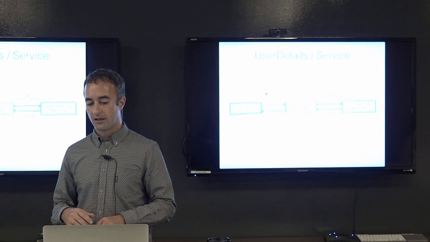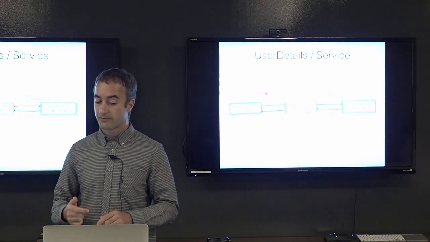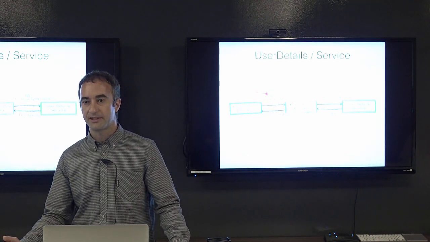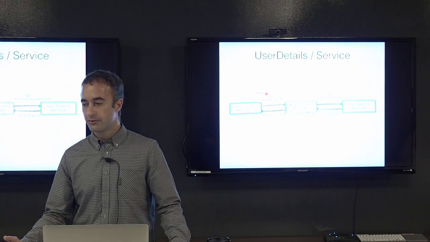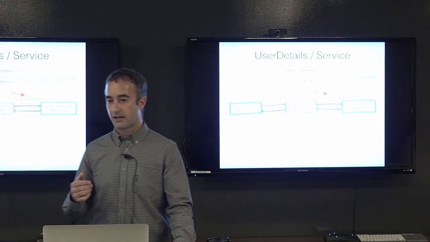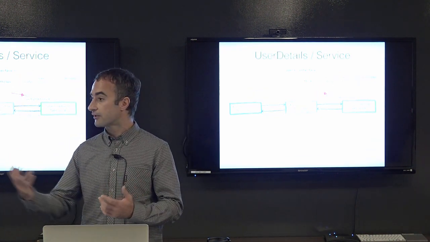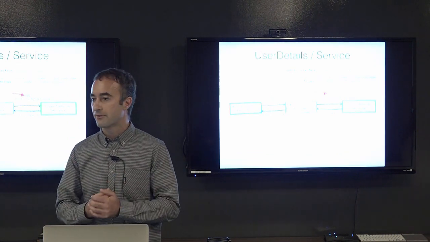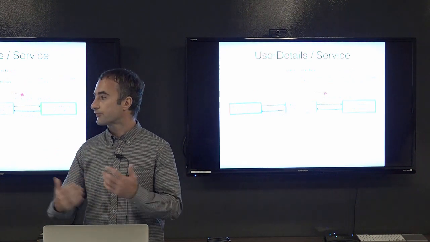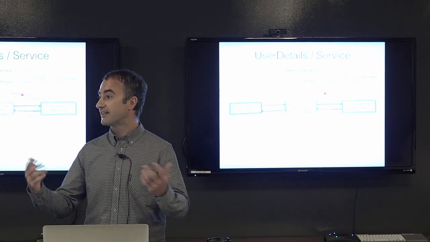In this example, it's the DAO authentication provider, an implementation of this authentication provider interface. This implementation class uses a user details service. Now, what is that? Well, it's a service that loads user details. User details is details of a user. Like I was talking about earlier, we have principal, credentials, authorities, and then extra information: first name, last name, email, address, whatever your user entity is.